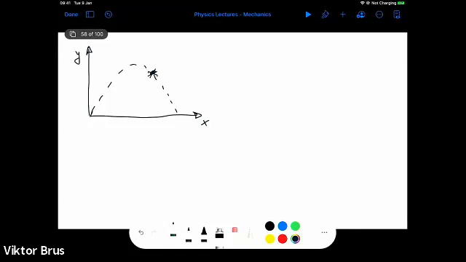Since internal forces at explosion are much larger than the gravity force, we can consider this system as isolated and assume that we have parts of this projectile moving in different directions because of the explosion. However, the center of mass still remains at the point where the projectile was just before the explosion.